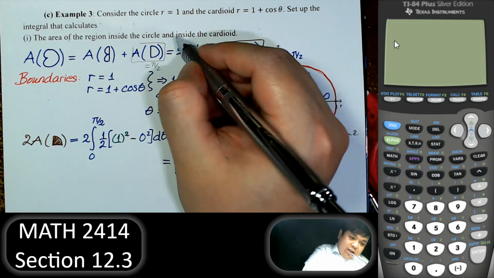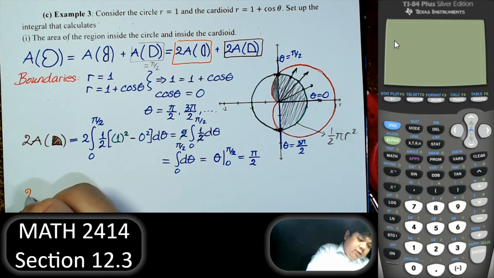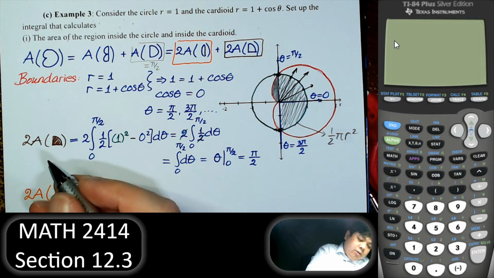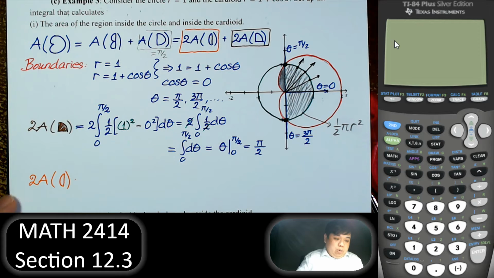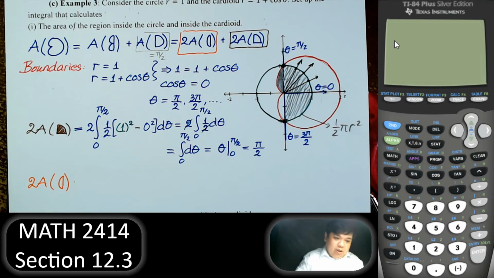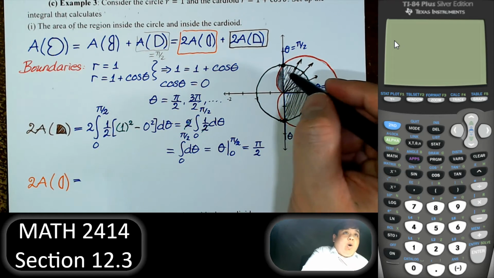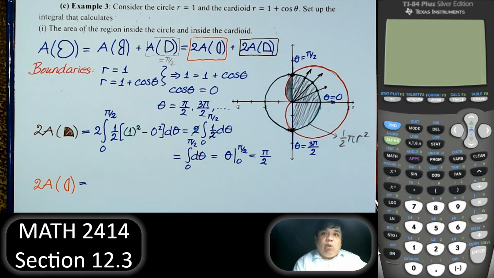Now let's focus on this. Again, we still have 2 because we have 2 of them. Now if we want the whole thing, it will be from pi over 2 to 3 pi over 2. By the way, I didn't graph it because that is easy, but now let's just graph it.